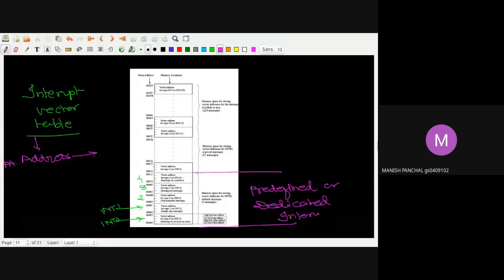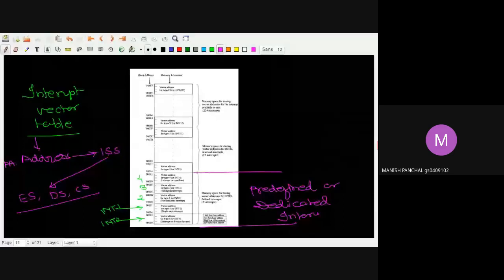So this address is of the ISS. The ISS may be written in the extra segment, or in the data segment, or in the code segment. Any feasible value is possible for the address of this ISS.